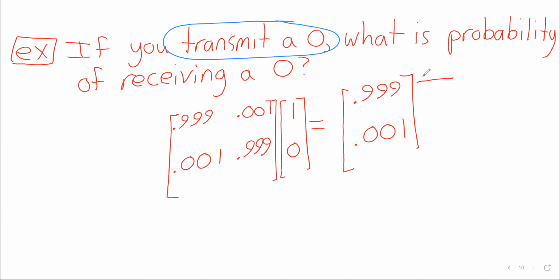So this is the probability of receiving a 0. It's 0.999. Well, as I say, if you just wanted to do that, it would hardly be necessary to mess around with these Markov chains.